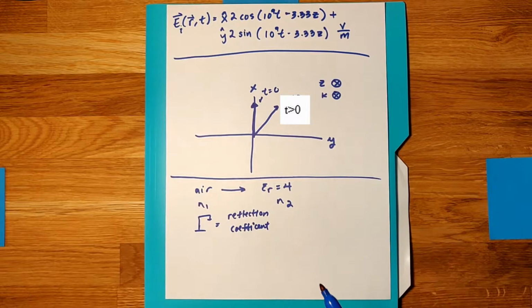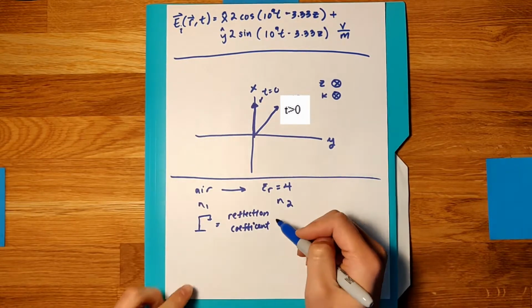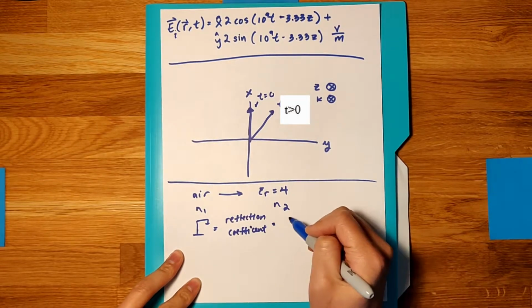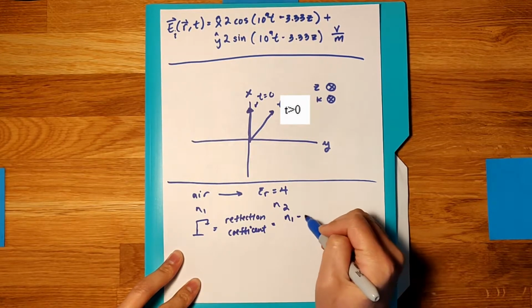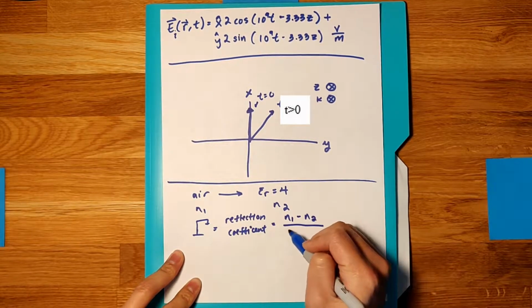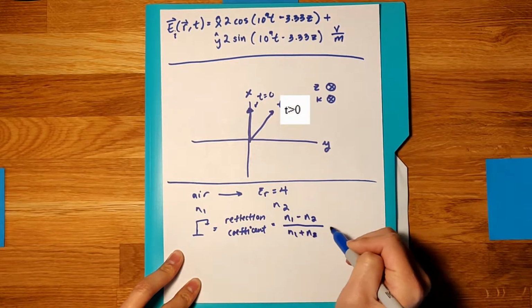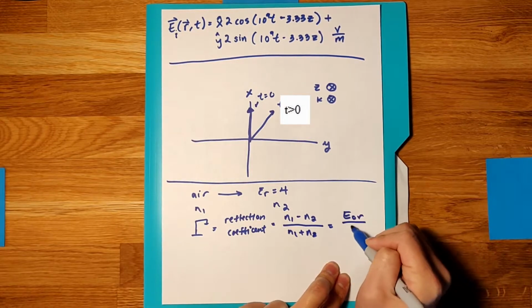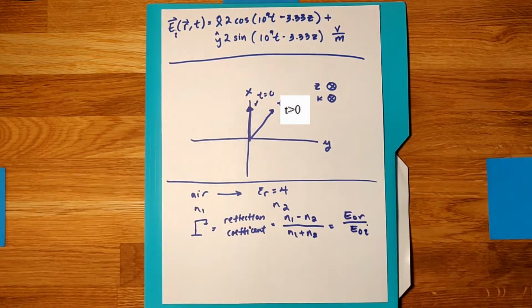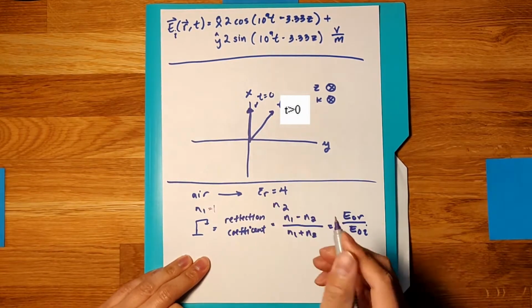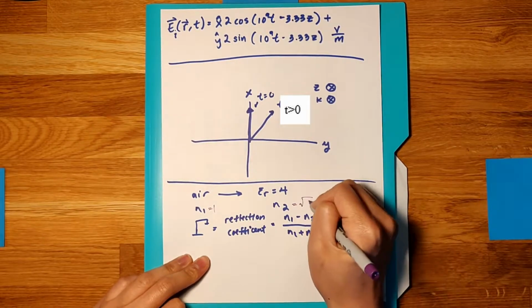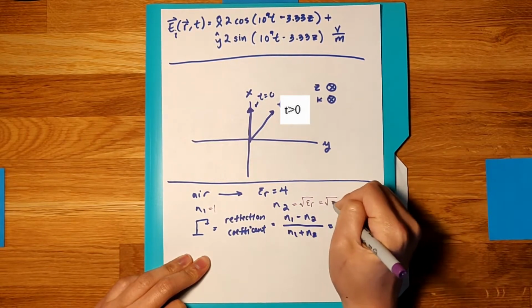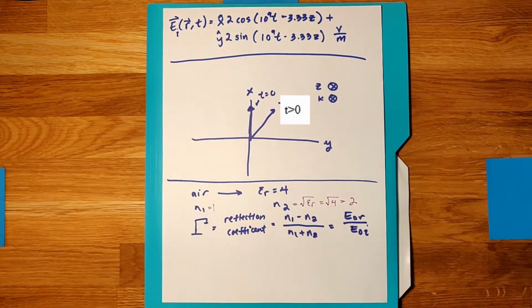To find our magnitude for the reflected, the form for this is simply going to be N1 minus N2 over N1 plus N2, which is also equal to E naught R over E naught I. So N1 is simply equal to 1, and N2 will be the square root of epsilon R, which is the square root of 4, or equal to 2.